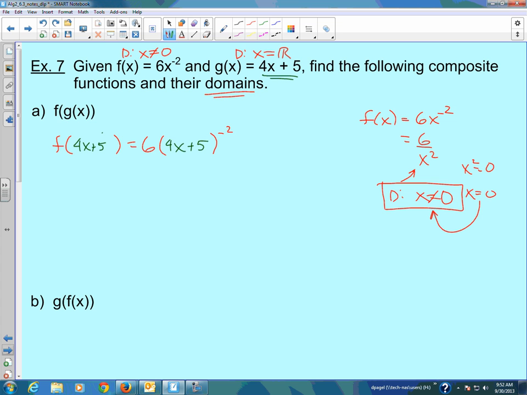Okay, so we have now 6 over, we're going to make that negative 2 become a positive, 4x plus 5 squared. And yeah, we could go ahead if we wanted to, 4x plus 5 squared, we could write that as 16x squared plus 40x plus 25. We're going to leave it in just this factored form there. So I know that f of g of x would equal this.